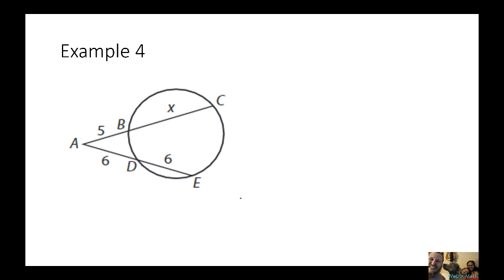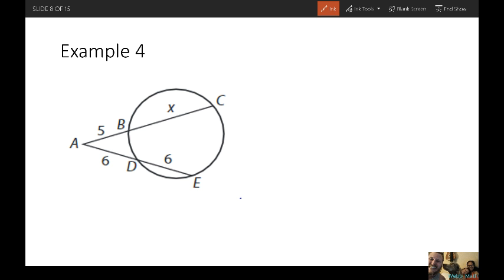All right, so example 4. As you can see, we have two secant lines, and we basically have to figure out what x is, knowing this. So here we go. First things first, AC is a secant line times his external, and his external is what?